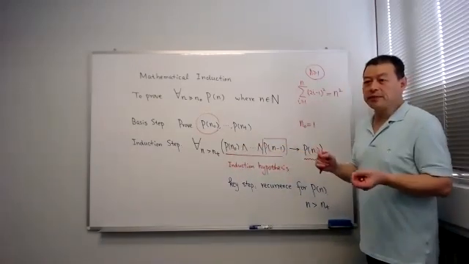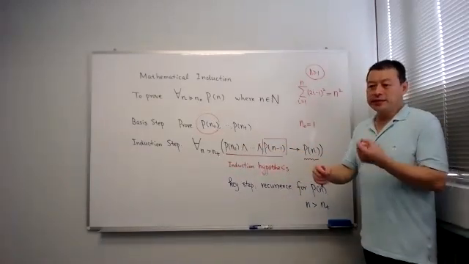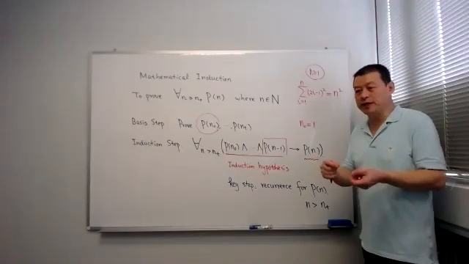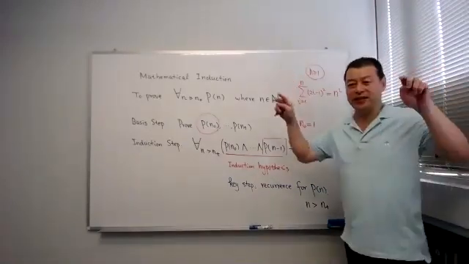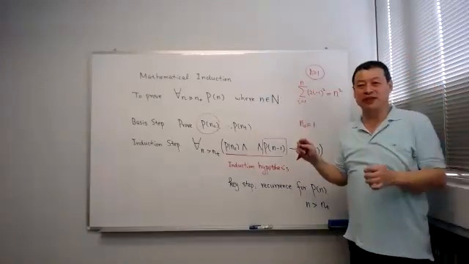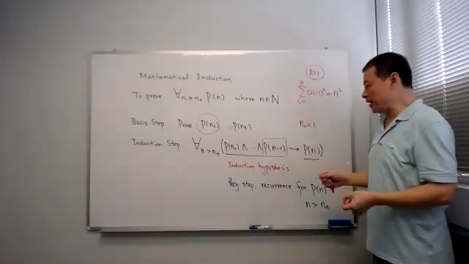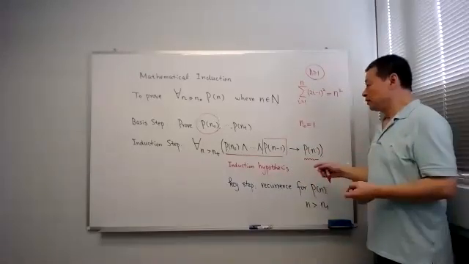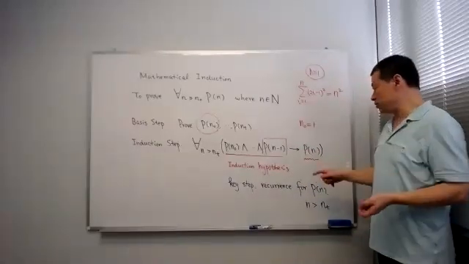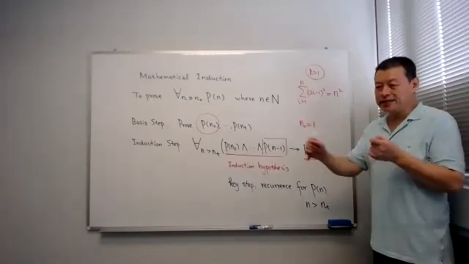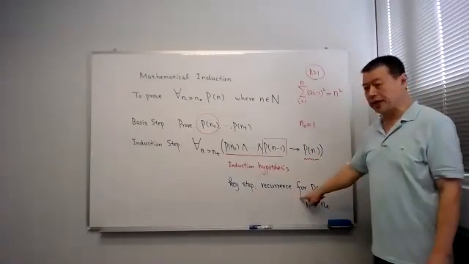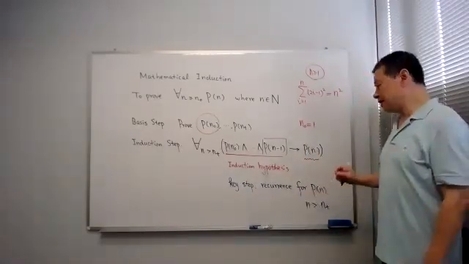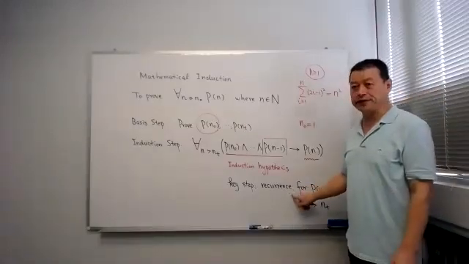That's the most important part. Once we get that, the remaining things are typically very simple manipulation. Sometimes it may not be trivial, but basically we do some manipulation, algebraically or otherwise, to get this result. Typically, it's rather easy compared to this one. The key step really is to get the recurrence for P(n).